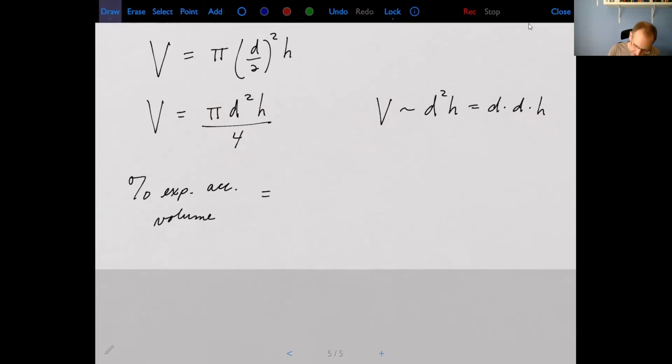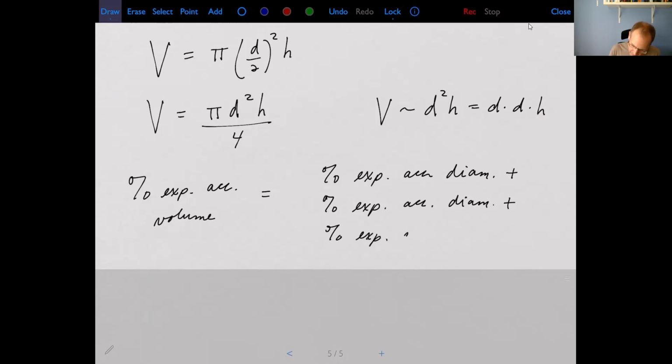So this is going to be the percent experimental accuracy for diameter, plus another one, plus the accuracy for height. And that will give you the percent experimental accuracy for the volume of that cylinder.